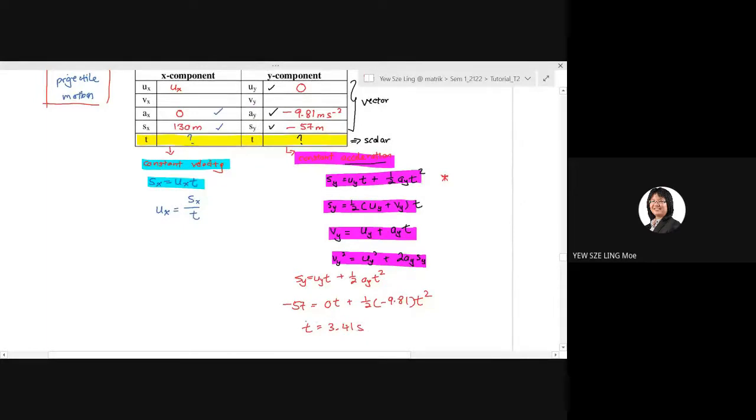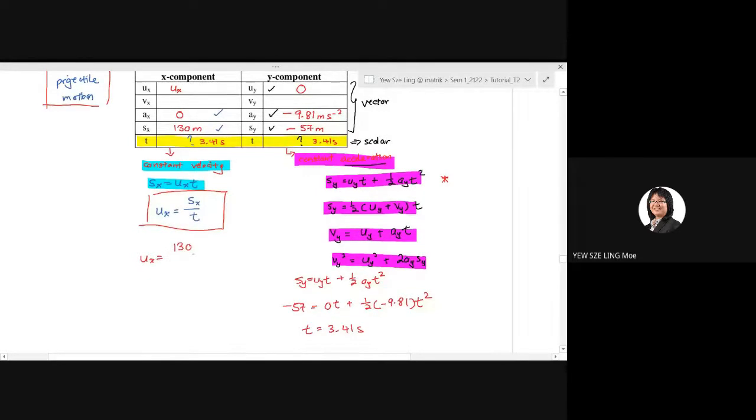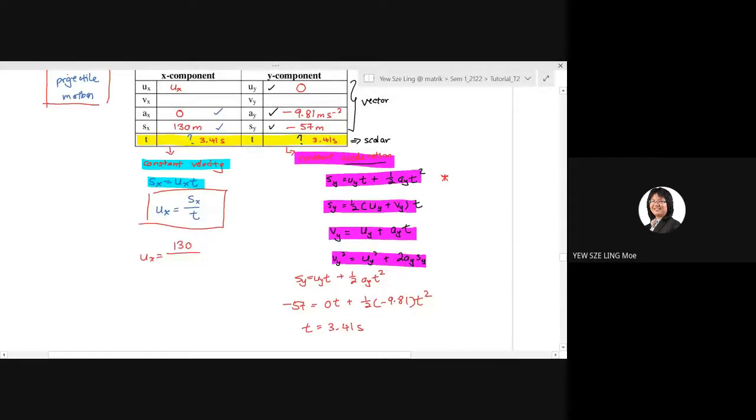So now that you have the time, which is 3.41 second, and this time we know it's the same for both x and y component. So 3.41 second, I add it into the table. And now from the table, you can then calculate ux. So ux is equal to 130 meter divided by time, which is 3.41 second.